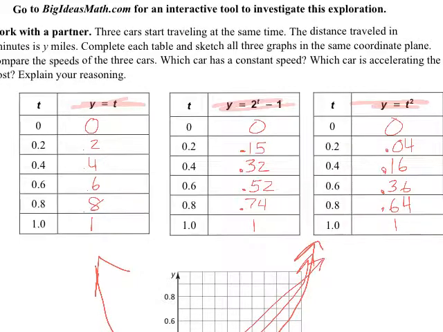So maybe it's going up 2, then up 4, then up 8. Is that right? No. It would have to go up 2, then up 4, then up 6, then up 8. So the change is changing every time. That's quadratic. Sorry, I had to get that right in my head there for a second.